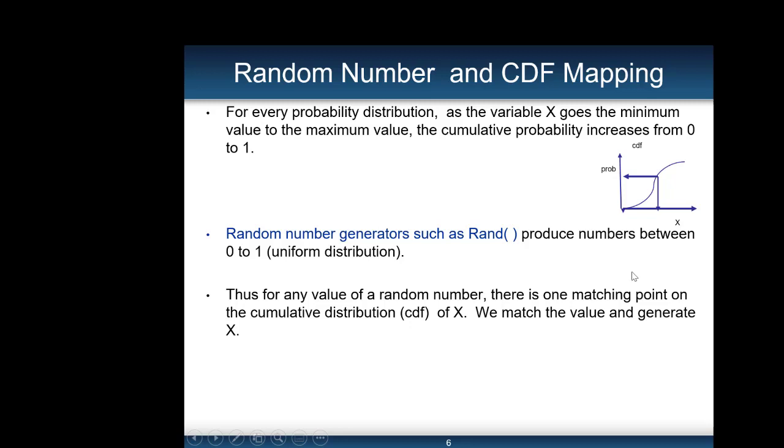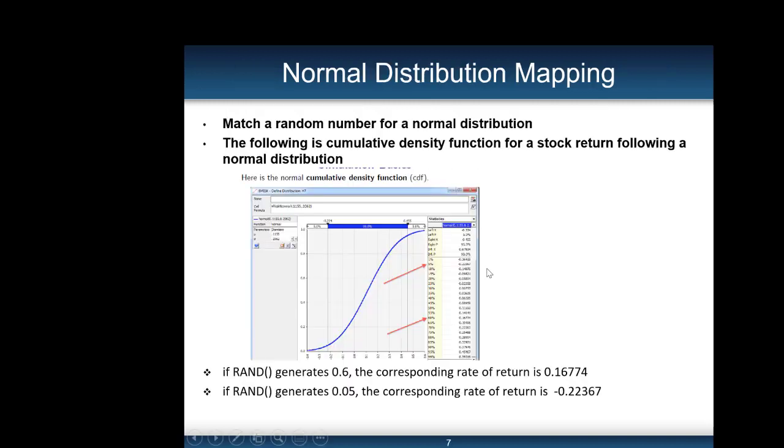I want to give you two examples to see if you can get a better understanding of the intuition. Don't worry about the detail, because we're not going in depth about why this is happening. We just give you the idea of how the random number works. So here is an example of a normal distribution. We have a large market index, for example, the S&P 500. So this is simulated stock return.